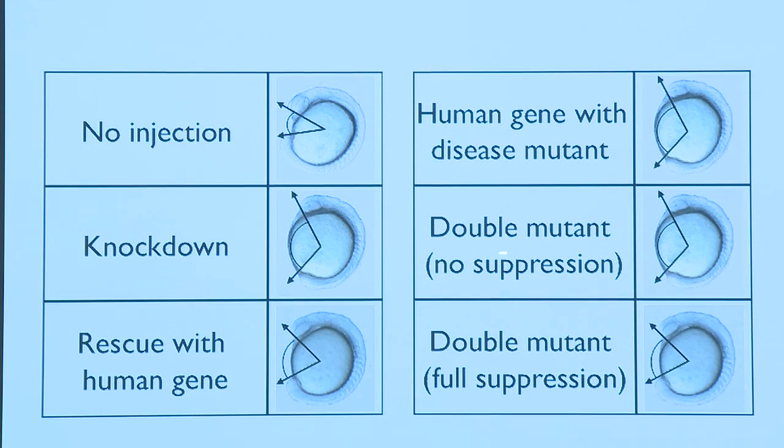What we suggested doing is to inject a double mutant, and if the double mutant rescues, so if, again, knockout produces phenotype, human gene rescues, human mutation doesn't rescue, but the double mutant does, this means that this second mutation induces suppression. And the prediction was that the suppression would be complete.